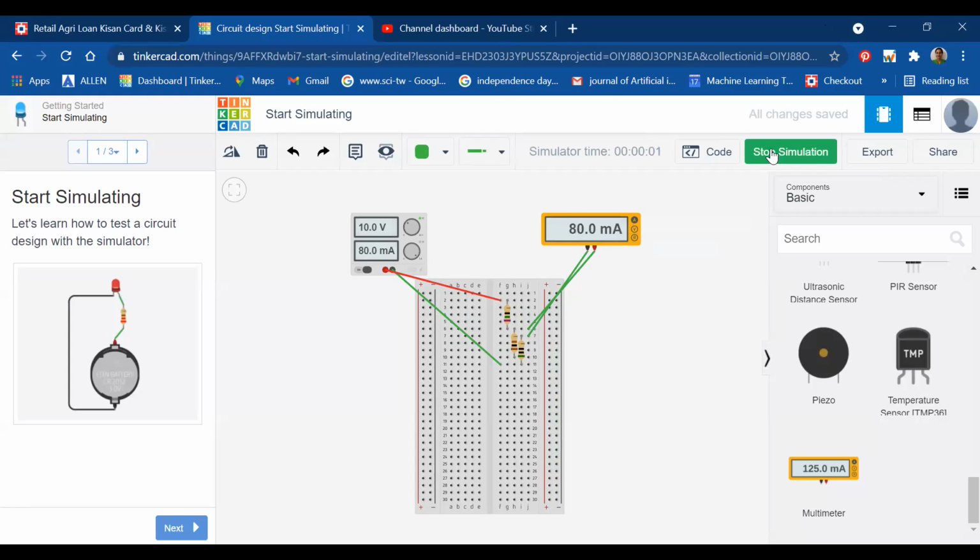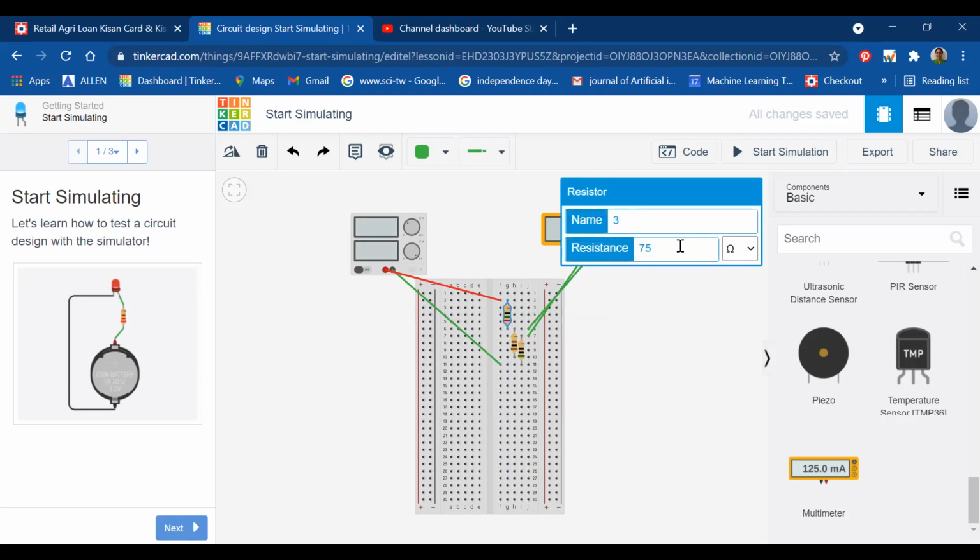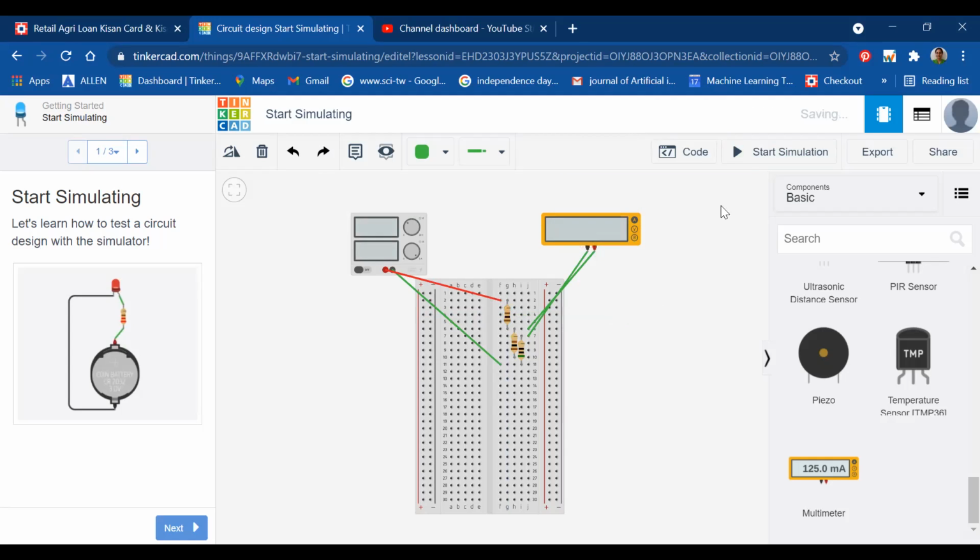So the value coming here for 75 ohm of R1 is 80 milliamperes. So the last step I am going to do is again vary the value of this resistance to 100 ohms and calculate the value of the current coming.